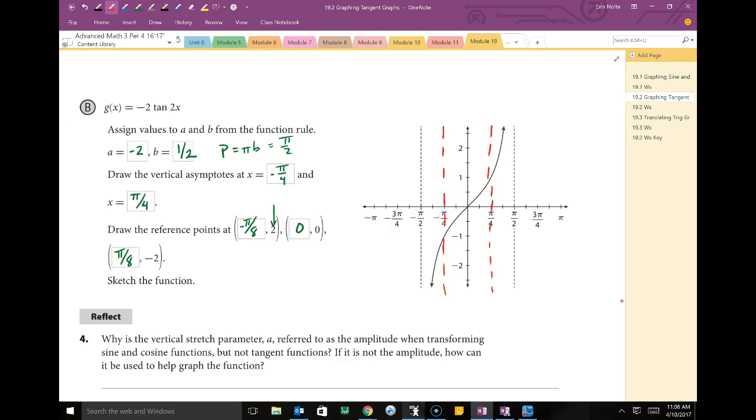So I'm going to go half the distance between the origin and pi/4, so pi/8, and then I'm going to go up to 2, so there's my first point. 0, 0. Then halfway to the right and down my amplitude of -2. There it is. Now you have to draw a John Travolta, which is almost one of the hardest parts of this, through those 3 points.